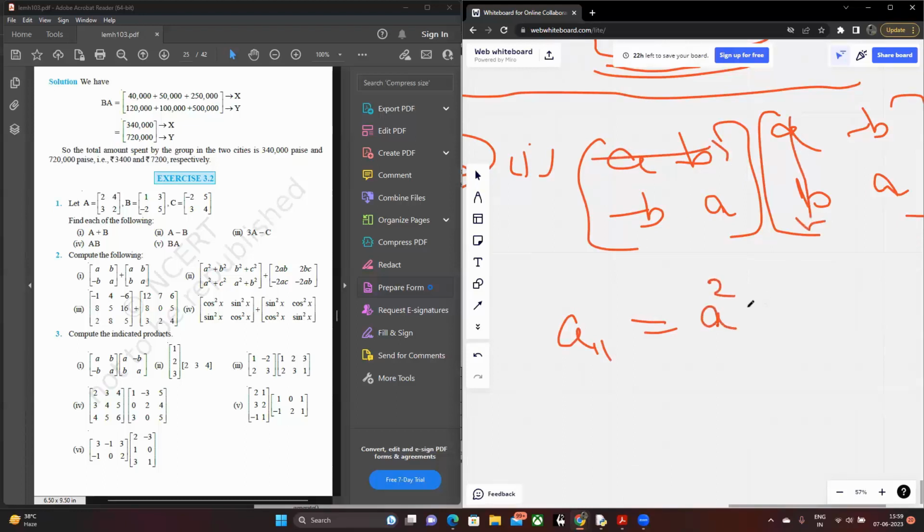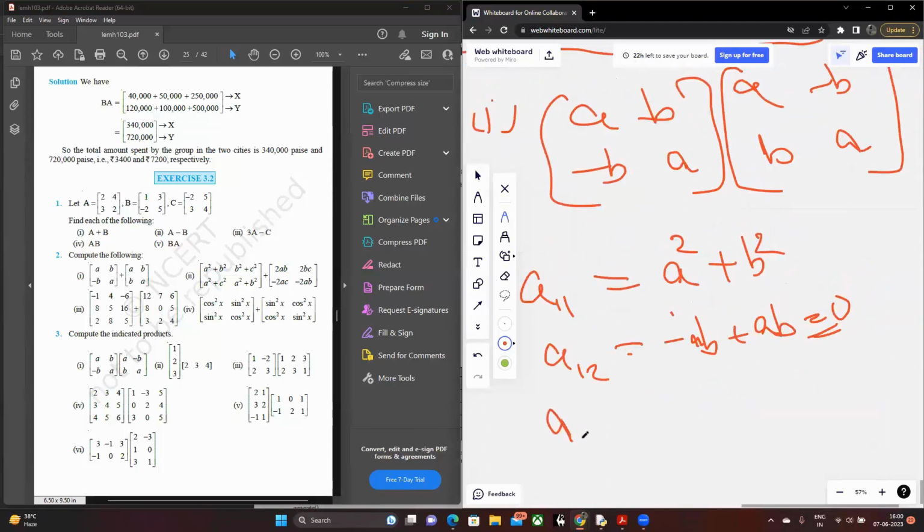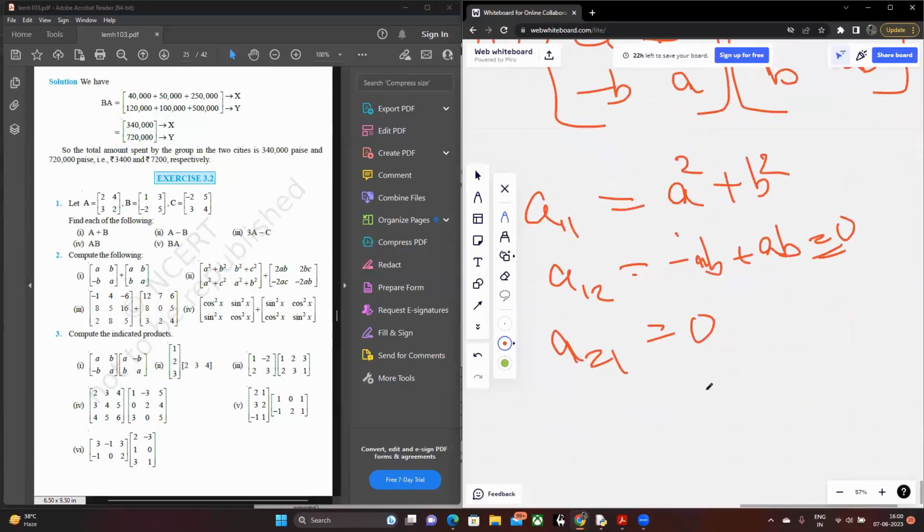So it is going to be equal to A squared plus B squared, right? Then A12 is going to be this multiplied with this, that is minus AB plus AB, that is going to be 0. Similarly, A21 is going to be 0, right? And A22 is going to be equal to A squared plus B squared.